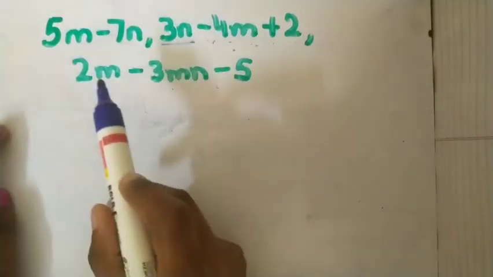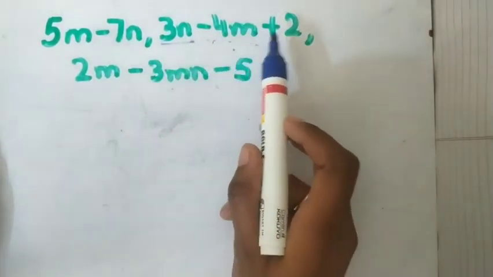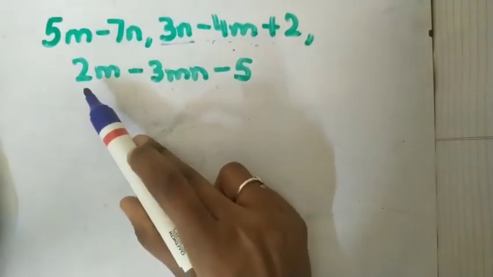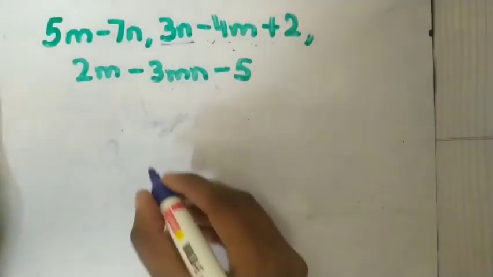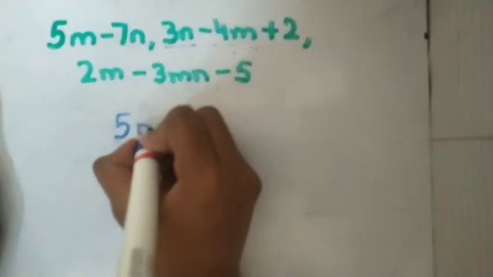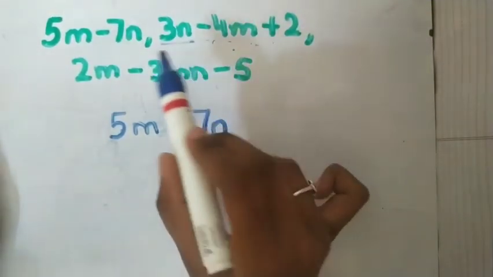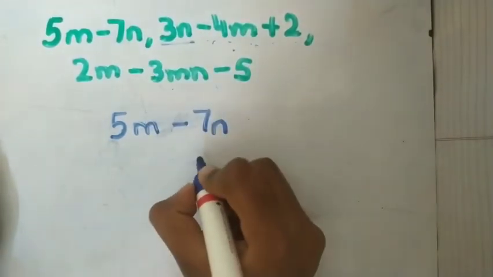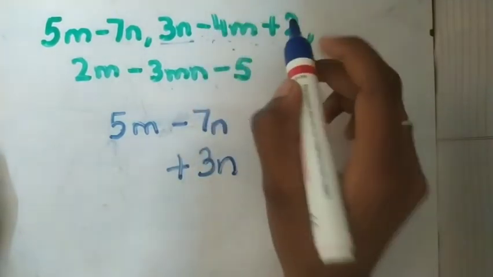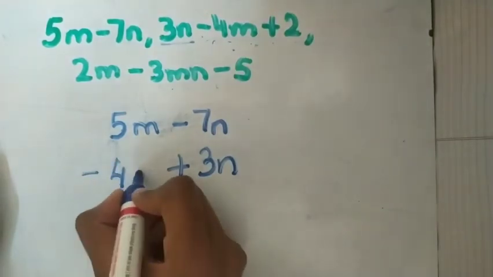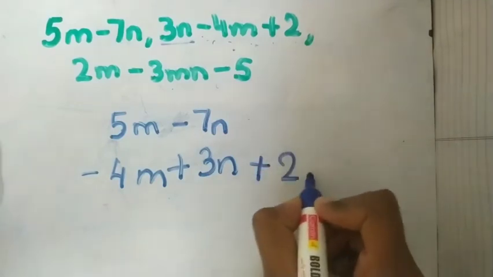This is the next question. 5m minus 7n, 3n minus 4m plus 2, comma 2m minus 3mn minus 5. So let's solve it. Let's write 5m minus 7n, and next 3n, it is here, so 3n, and minus 4m, and plus 2 is nowhere, so let's write here plus 2.